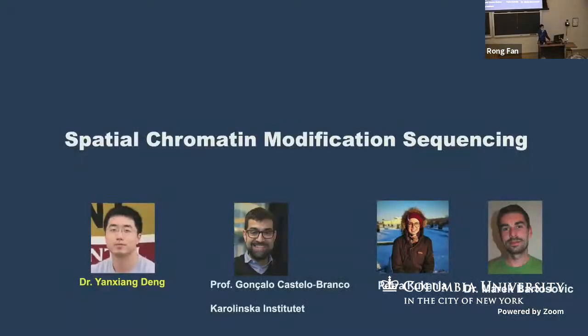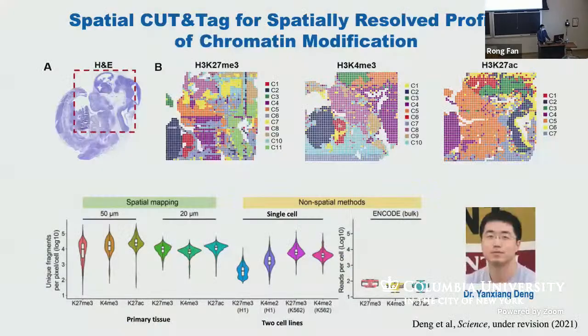I just want to show you, we can further extend this to look at the specific chromatin modification rather than global chromatin accessibility. And so again, with my postdoc Yan Xiang, he used different antibodies to target a different chromatin histone modification first, and then applied the transposase Tn5. So very similar, but you just add the antibodies to target the specific histone modifications. So what you're seeing here is 3 different histones and several tissue sections from the same mouse embryo.